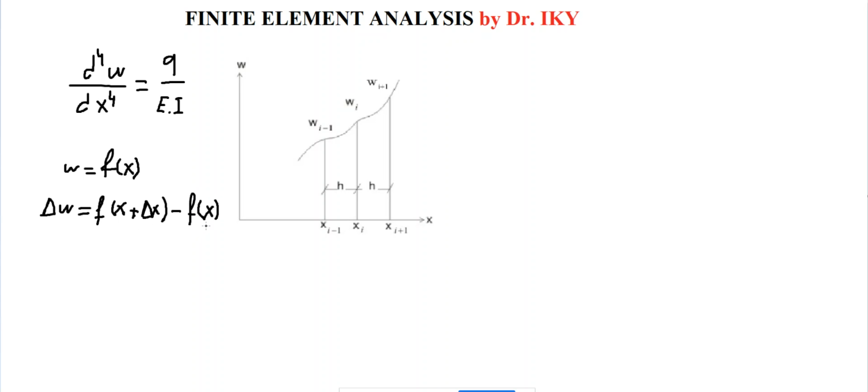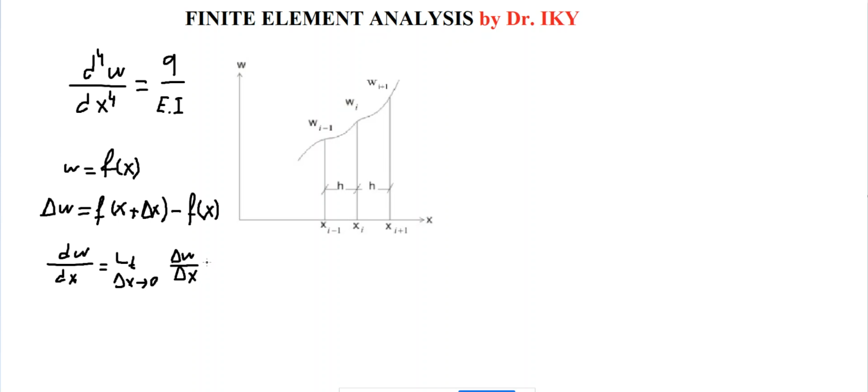This is the point description. So after this, we can write d omega over dx equal to the limit as delta x goes to 0 of delta omega over delta x.